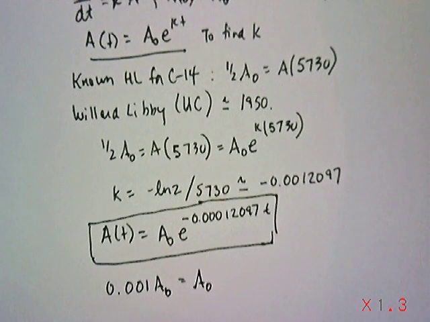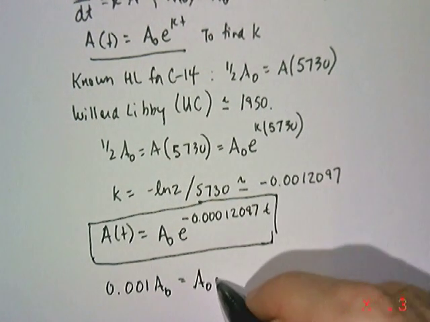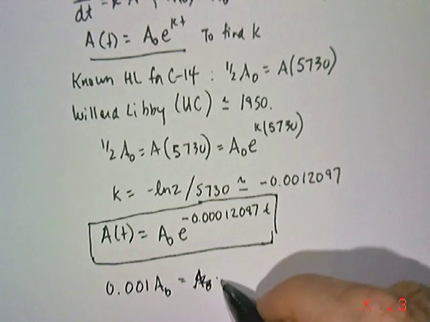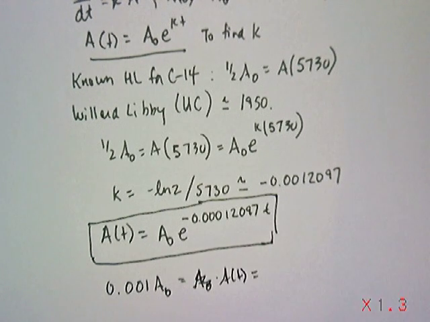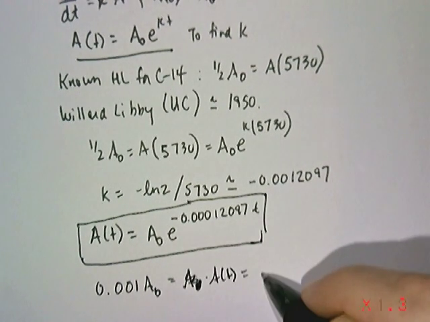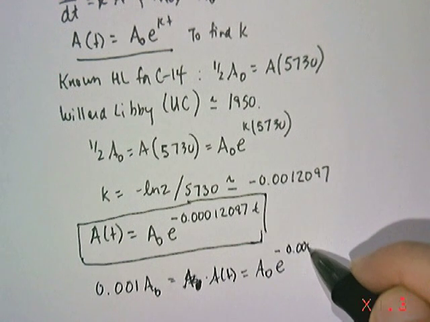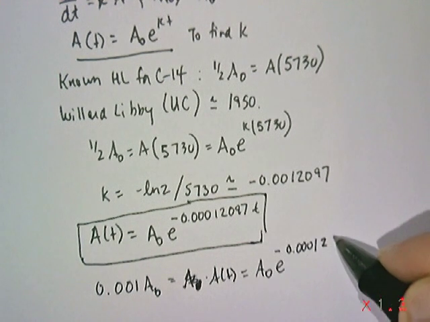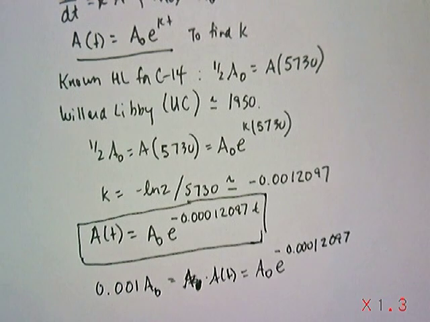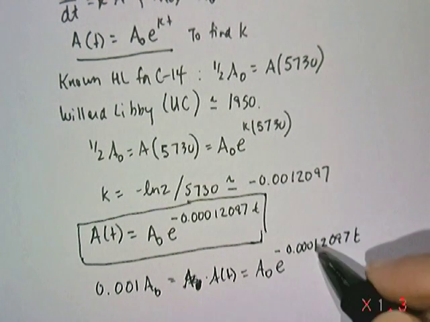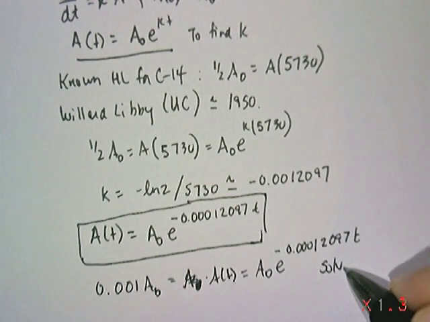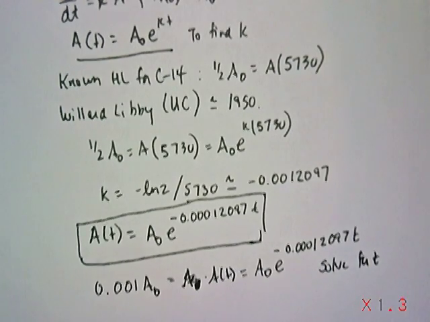So we're looking for the time that matches this value. We'll set this equal to A of t, which is equal to A0 e to the minus 0.000121097 t, and solve for t. It'll tell you how old the fossil is.